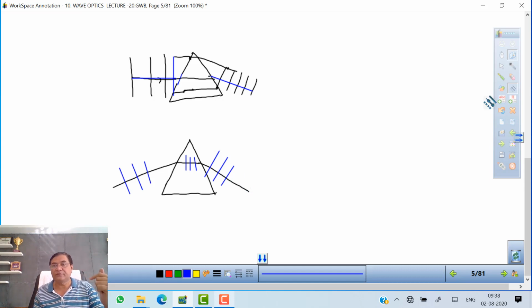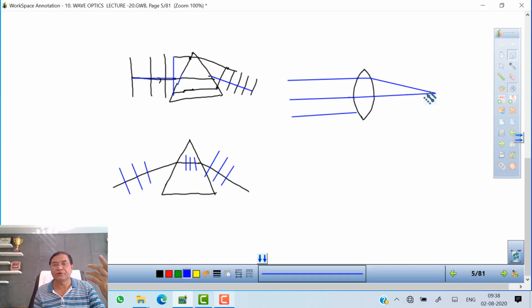This is one example. I take one more example. Suppose you have a lens. I take a convex lens, and parallel rays are incident on it. These parallel rays enter the convex lens, so these rays will focus at the focal point.